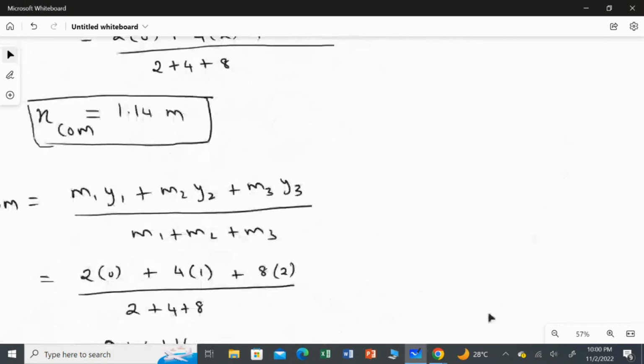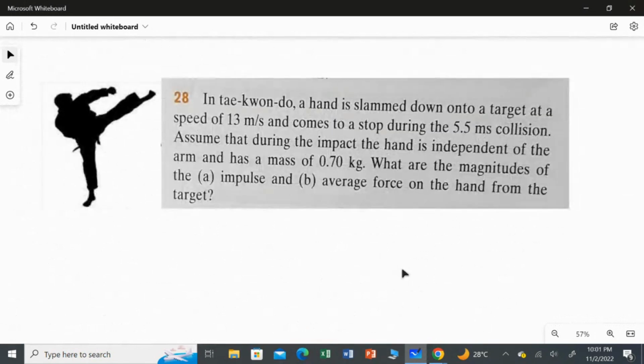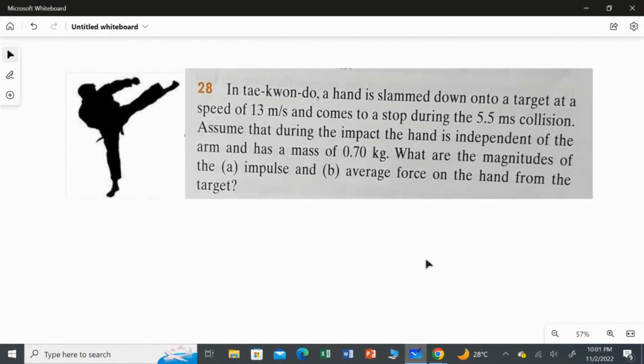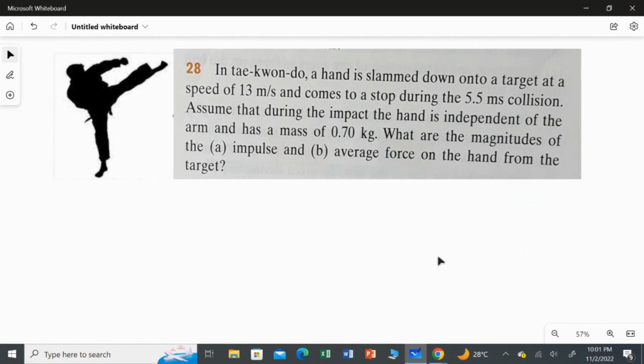Okay, now we have to answer the second question. Read the question line by line, word by word. What is given in the question? Taekwondo is a martial art from Korea. They always use their hands and legs for fighting.